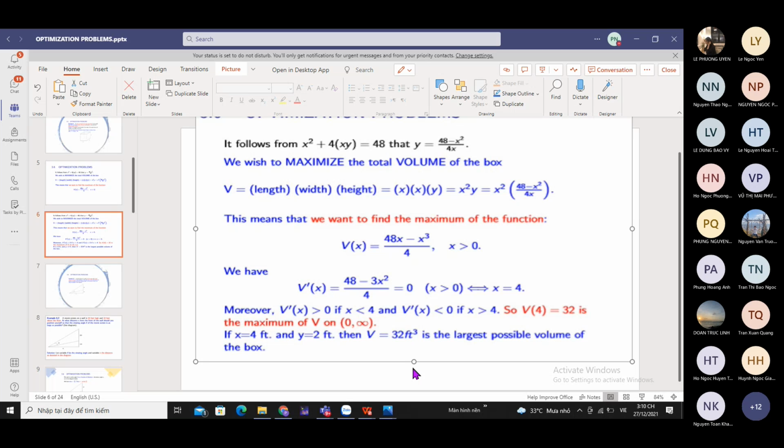And then we can show that V attains the maximum value at number 4. More precisely, V prime changes from positive to negative when x goes through 4. And that's why V of 4 gives you the maximum value of V on the interval 0 to infinity.